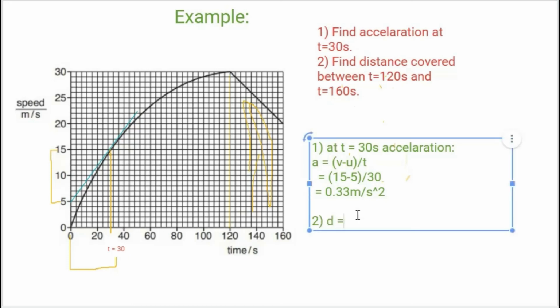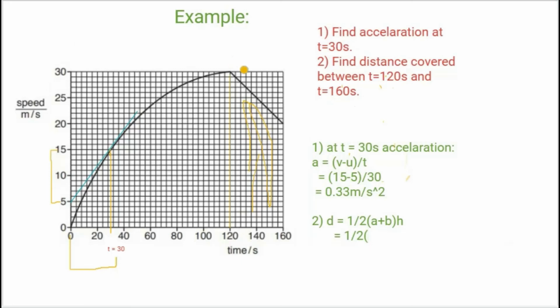So distance will be half (A plus B) H. Oh, sorry, (A plus B) H. So that will be half, A can be our left hand side, which will be 30. Let me draw a line so that it's easy for you to see.